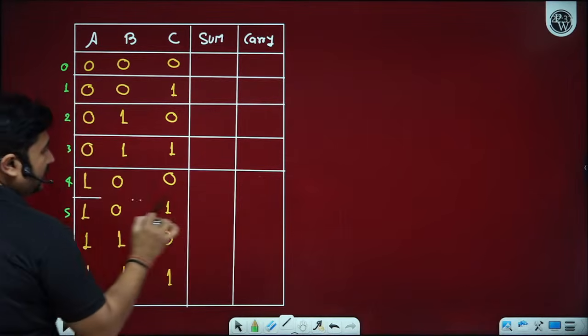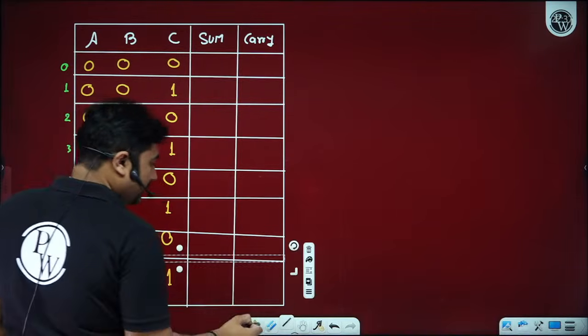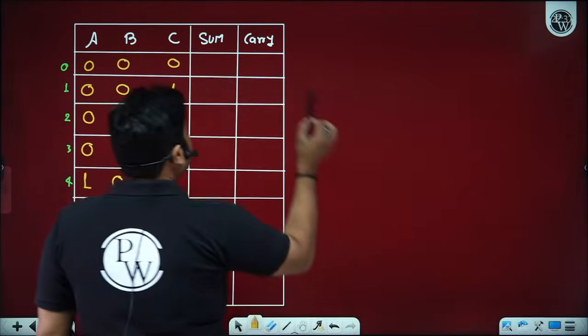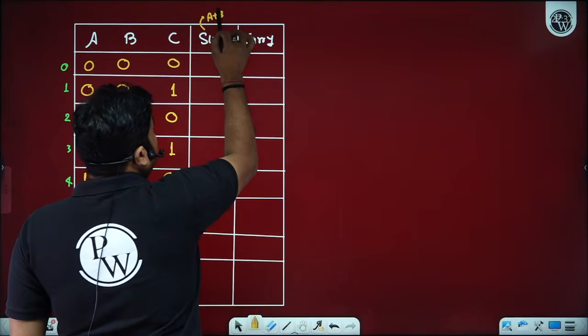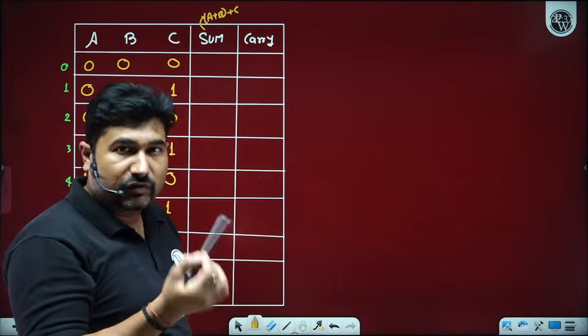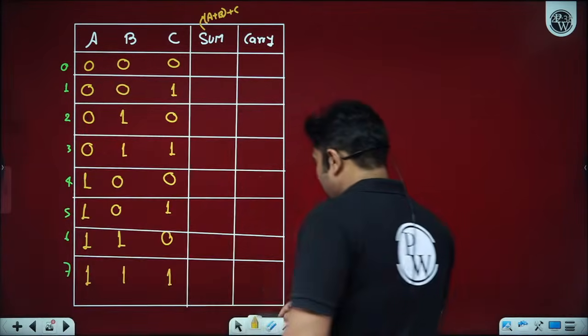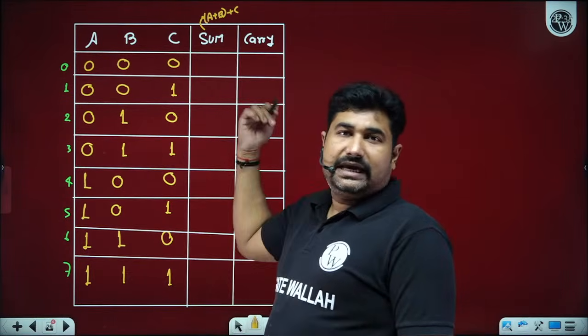Is it okay? Can you fill the output? Sir, arithmetically we need to perform A plus B whole plus C to find the sum. This is not the logical expression. We need to perform this mathematical operation. And when the carry becomes high, we put carry high.